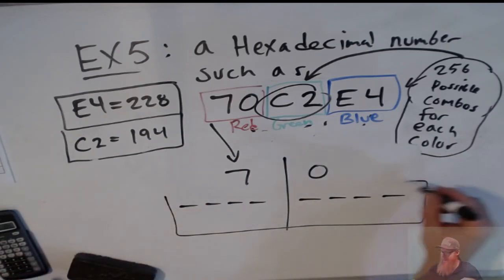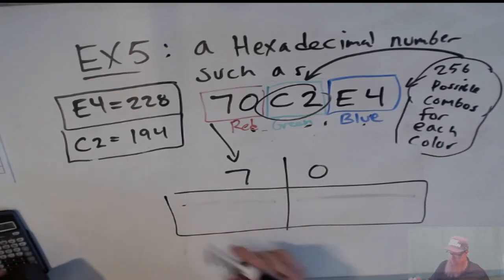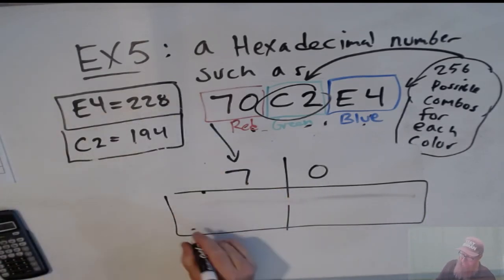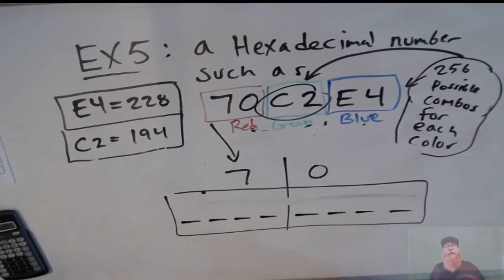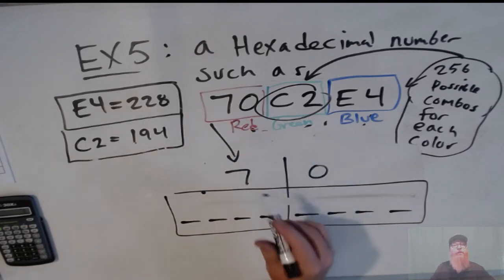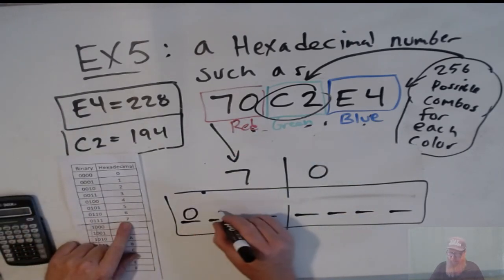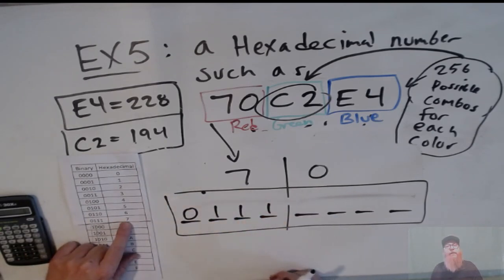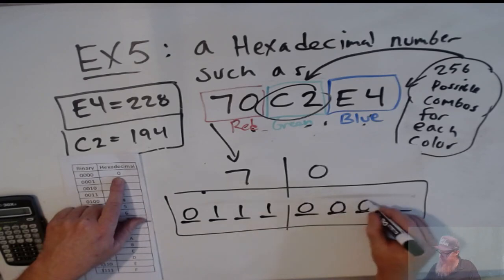Altogether, it should be 8 bits, which is 1 byte. All righty, so here we go. 70. So I got my cheat sheet here. 7 is 0, 1, 1, 1. That's 7. And 0 is 0, 0, 0, 0.